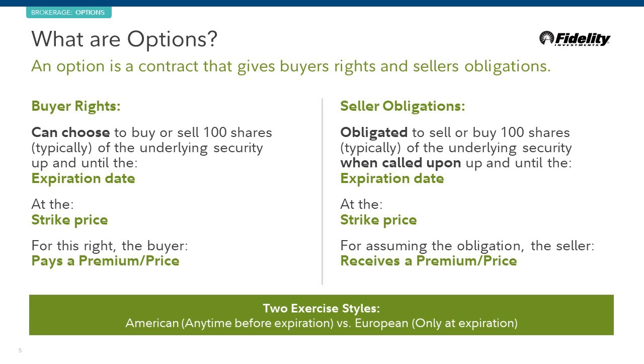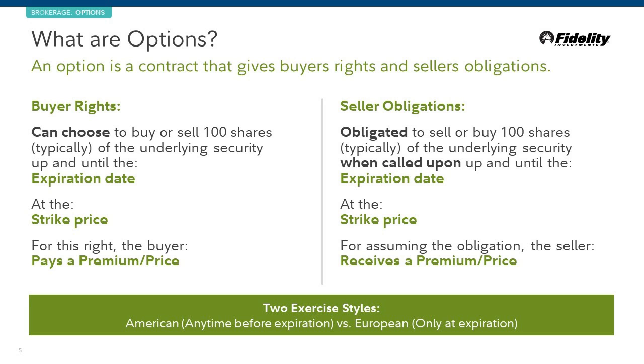If you choose to be a buyer, you're going to be able to choose the right to either buy or sell, remember, typically 100 shares of an underlying security. Now, that can be a stock, an ETF, or an index. If you choose to be a seller, what changes in the dynamic of the contracts is that now you will be obligated to either buy or sell a security.